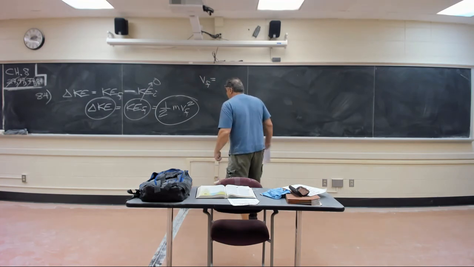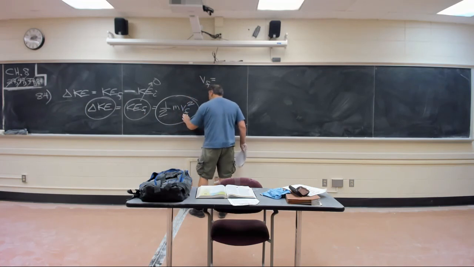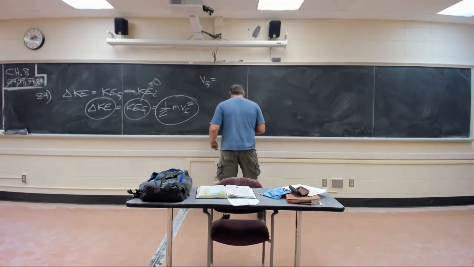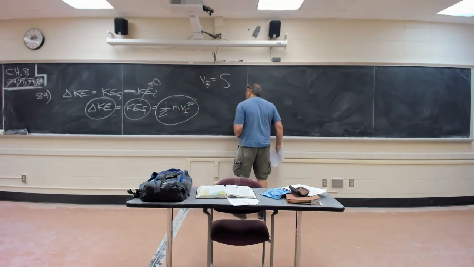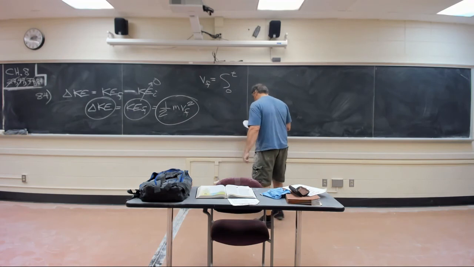Well, let's find VF. We know what a half is. We know that the mass of the space shuttle is 2,030,000 kilograms. We don't know what V is, but once we know what V is, we square it, we multiply it by M and by a half, and we're done. Do you agree it started at time t equals 0, and it went until time t.